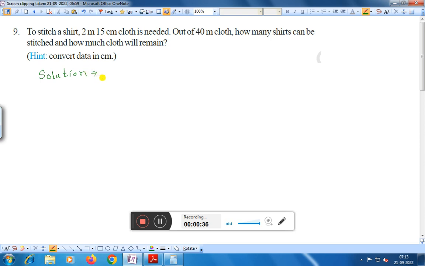Now, to stitch a shirt, 2 meter 15 centimeter cloth is needed.